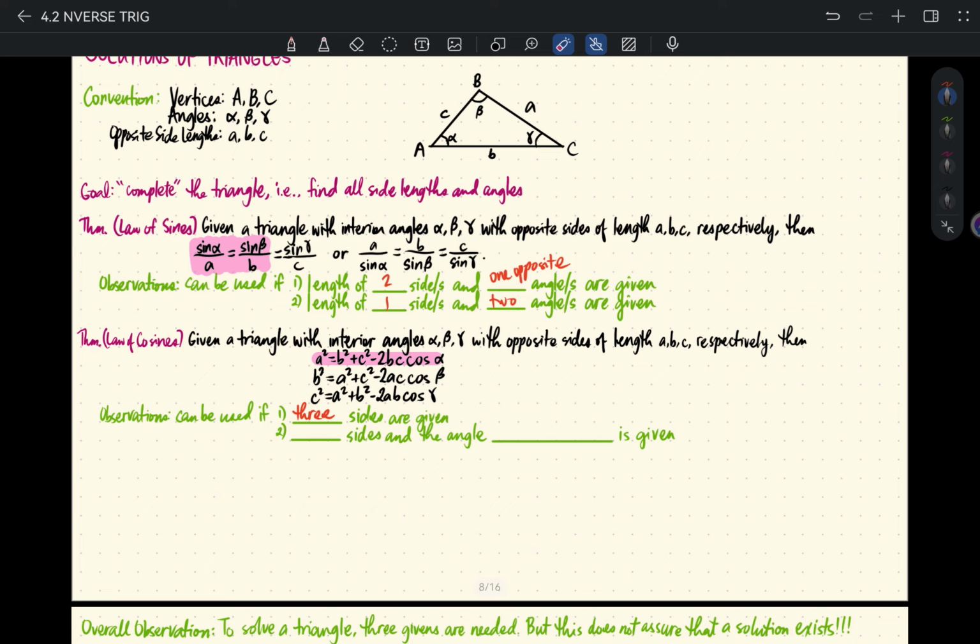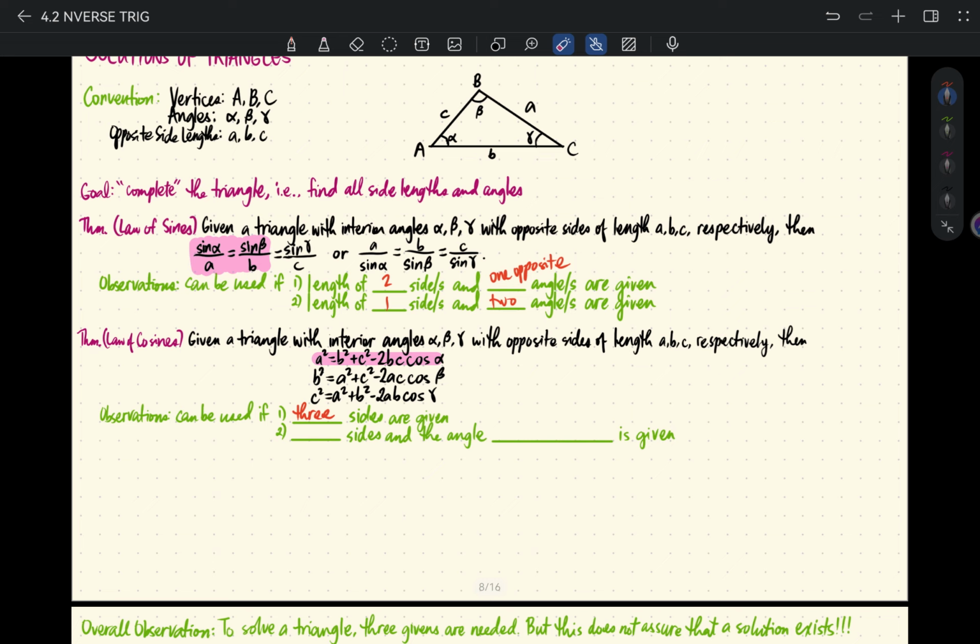Now, what if there's a side missing? For example, b is missing. If b is missing, can we easily solve for b? It might not be possible. And similarly, if c is missing, it might also not be possible to solve for c.